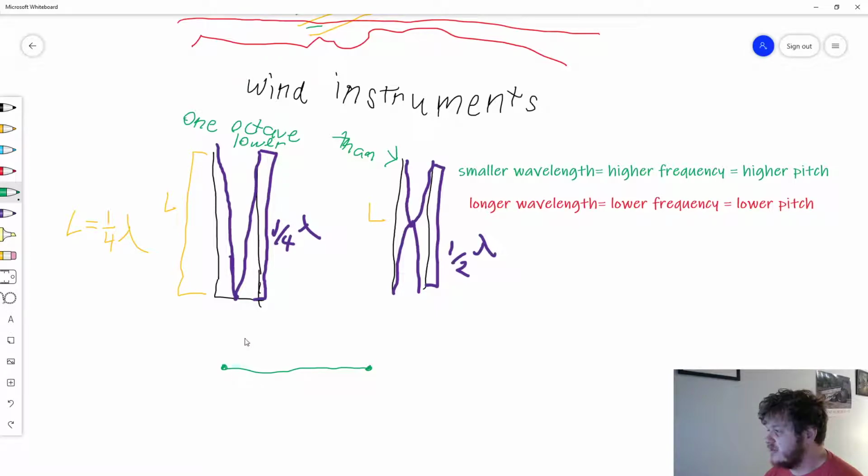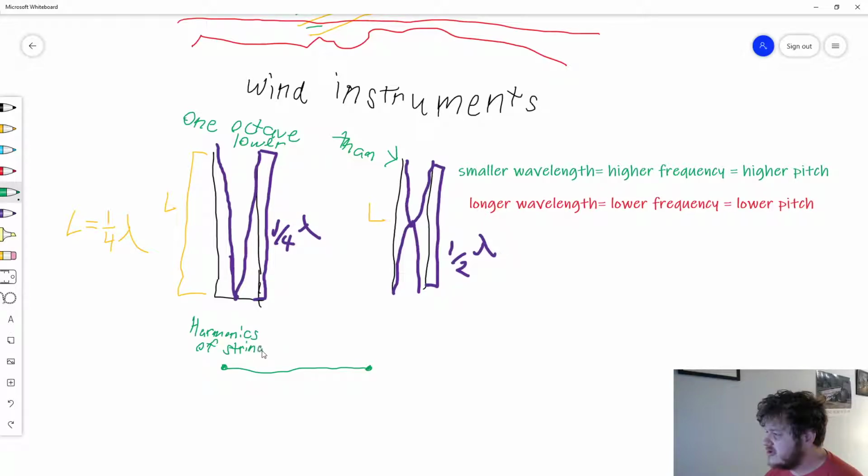So they can have the harmonics of a string.